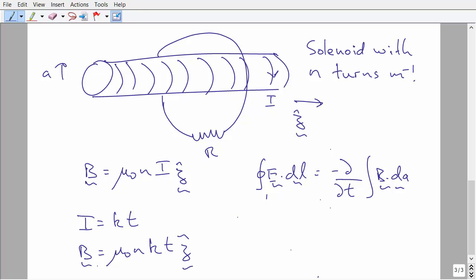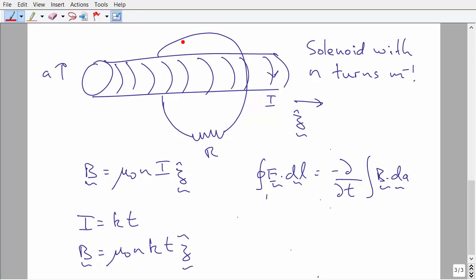All right, and so the integral of B dot dA, remember dA for loop 1 is in the z hat direction, we can certainly do that.